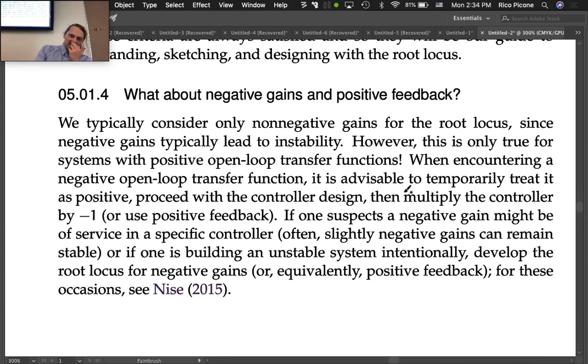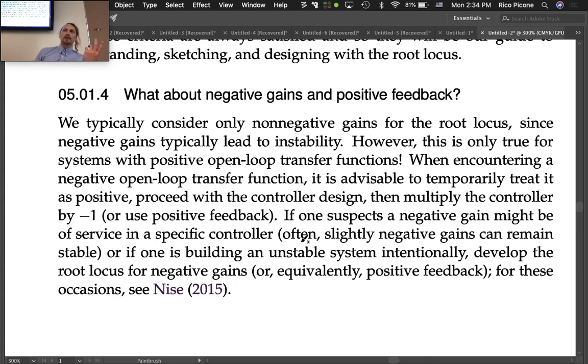Now, before we proceed, what about negative gains and positive feedback? We typically consider only non-negative gains for the root locus, since negative gains typically lead to instability. However, this is only true for systems with positive open loop transfer functions.